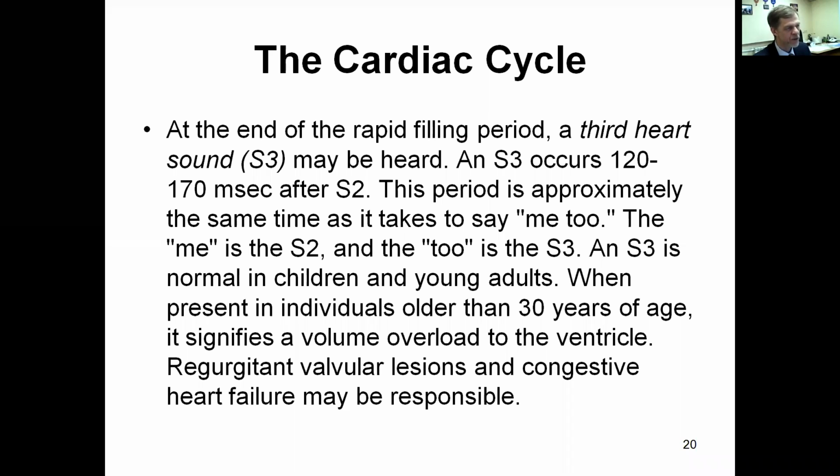So S3, at the end of the rapid filling period, the 3rd heart sound may be heard. S3 occurs 120 to 170 milliseconds after S2. This is approximately the same time as saying "me too, me too": first sound, then second sound, and then the additional sound. Me too, me too, me too.